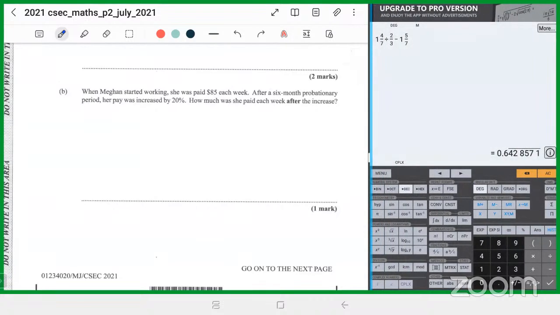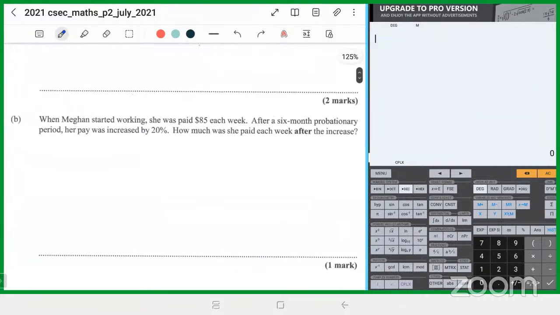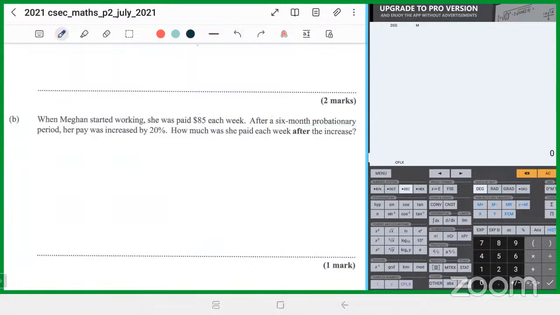Next question. It says, when Megan started working, she was paid $85 per week. It says after a 6 months probationary period, that's when they are testing to see if she's suitable for the job, her pay was increased by 20%. So she's now earning 120% of what she was before. How much was she paid after the increase? You don't have to calculate 20% first and then add it.